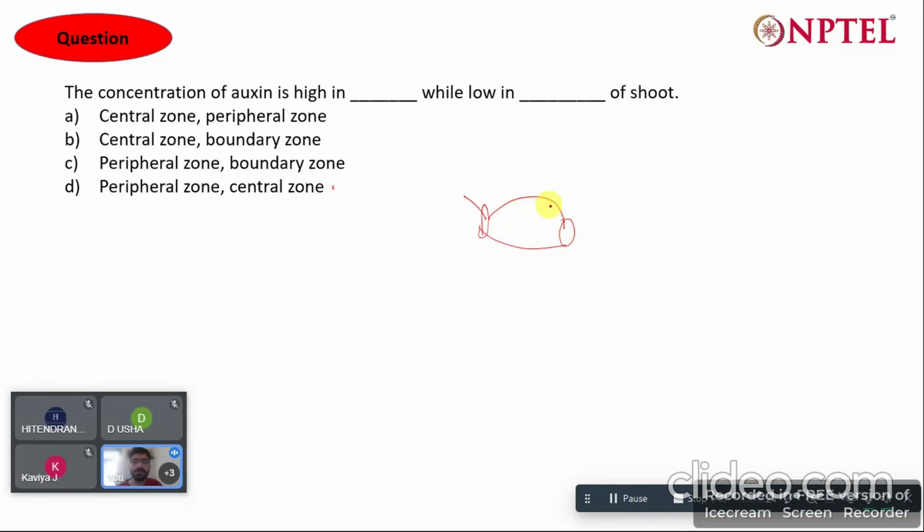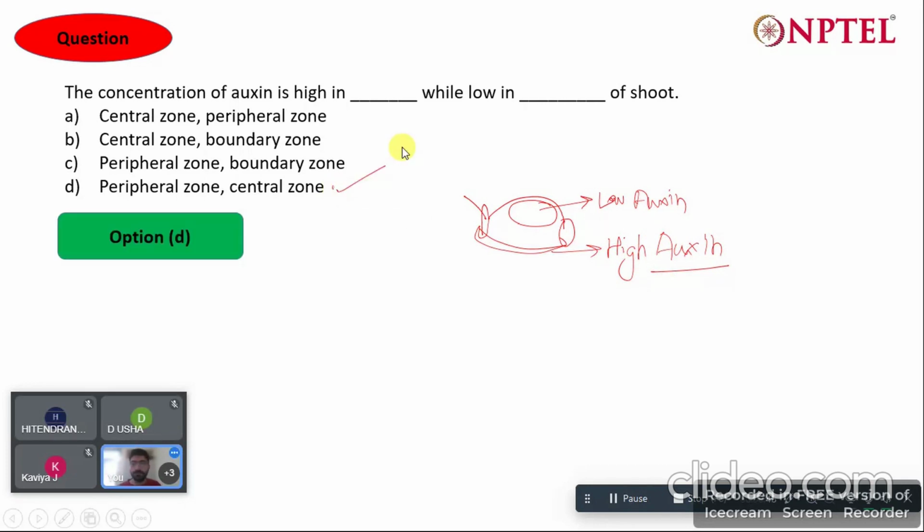So what happens is, in this central zone there is very low concentration of oxygen, and in the peripheral zone there is high concentration of oxygen. Okay, so the answer is option D.